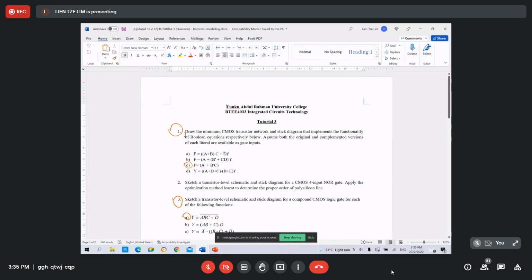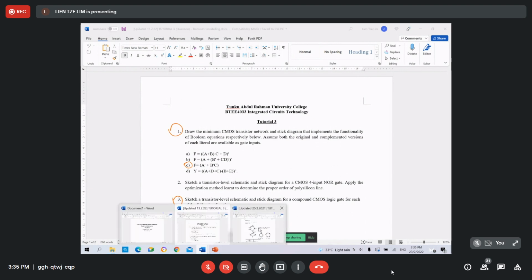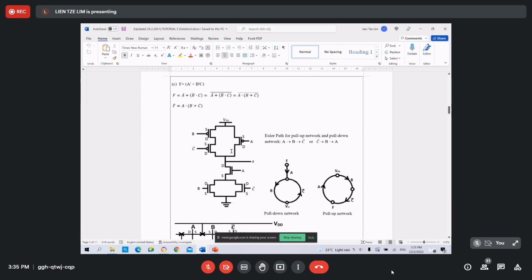For question 1C: draw the minimum CMOS transistor network and stick diagram that implements the functionality of the Boolean equations below. Assume both the original and complemented versions of each literal are available as gate inputs. The question I ask you to try is part C, F equals A bar plus B bar, and C. The diagram should look like this.